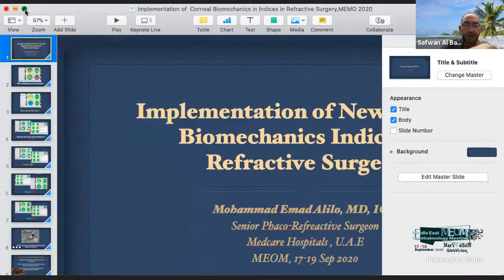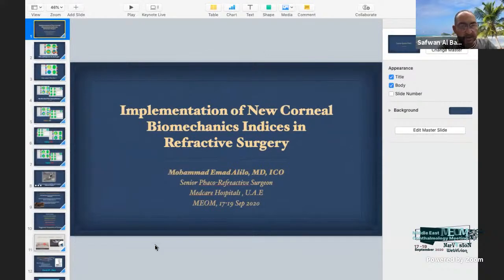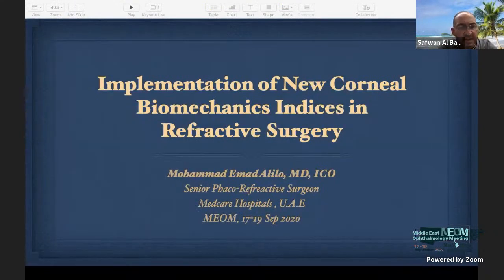From this point of view, until Dr. Imad prepares his presentation and shares his screen, I need to ask: we have Osama Al-Hassani here doing lenticular extraction, and Dr. Rahid, I think he is doing lenticular extraction. I think Imad started too, but I hope I'm not wrong.